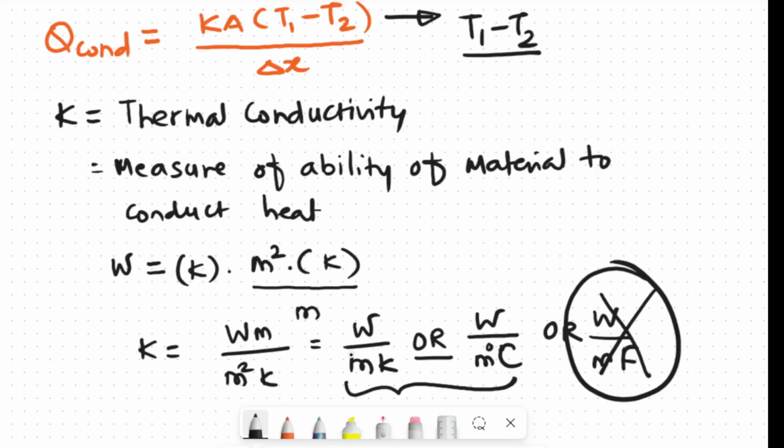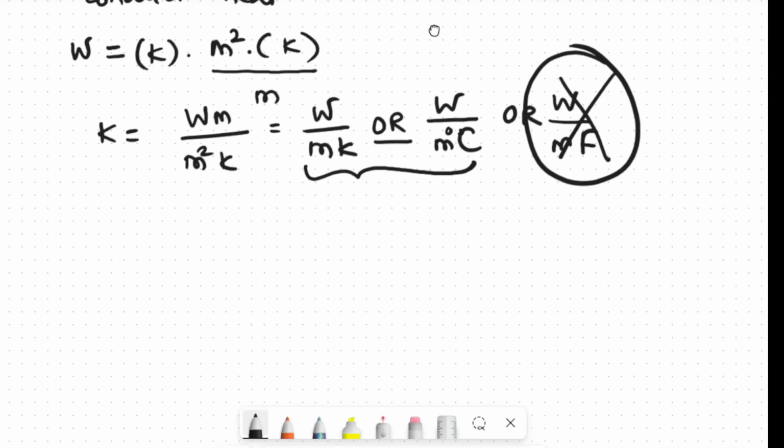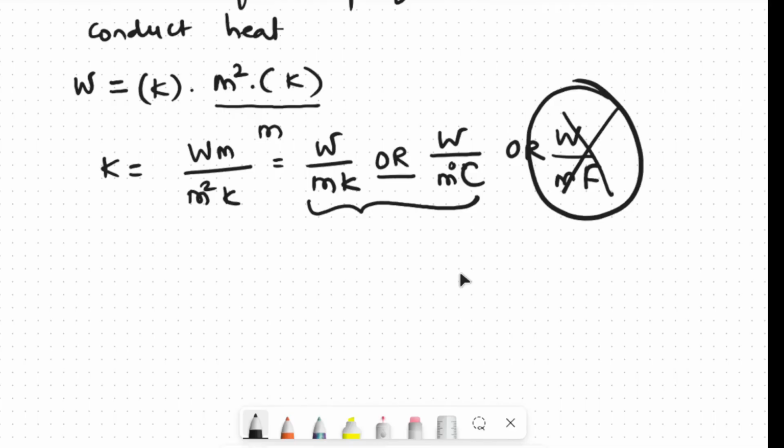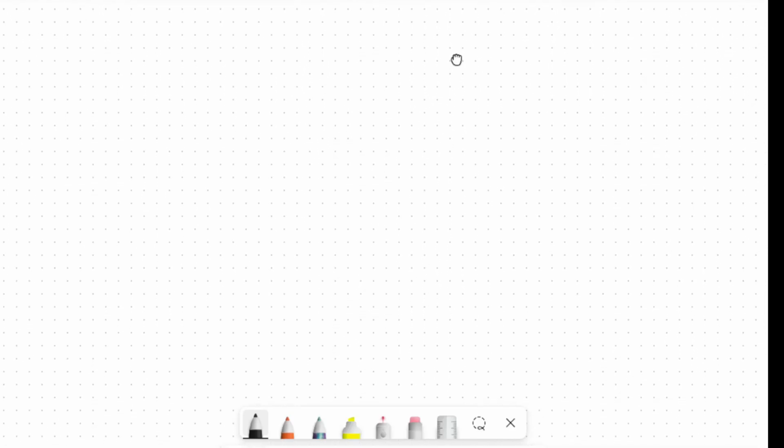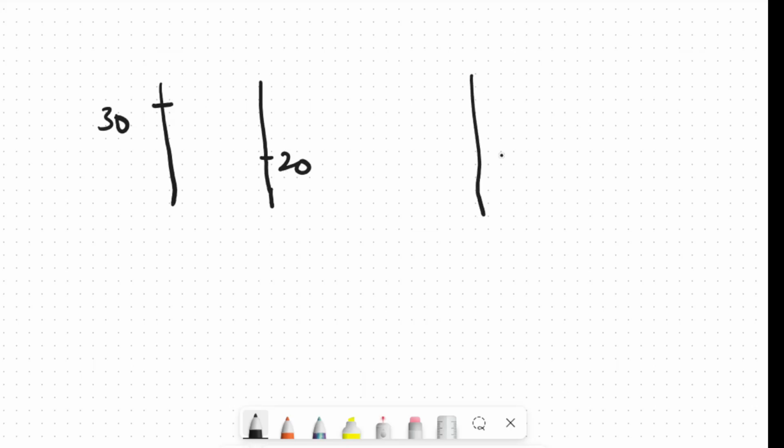Now, as I told you, this thermal conductivity is the ability of a material to conduct heat. The more the value of heat conductivity, the more will be the heat transfer. Let us take an example. Suppose I have a wall, and suppose the inside temperature is 30 degrees Celsius and the outside temperature is 20 degrees Celsius.